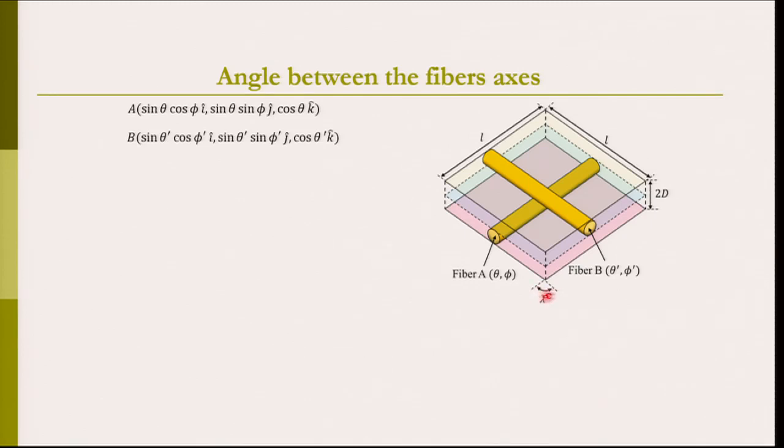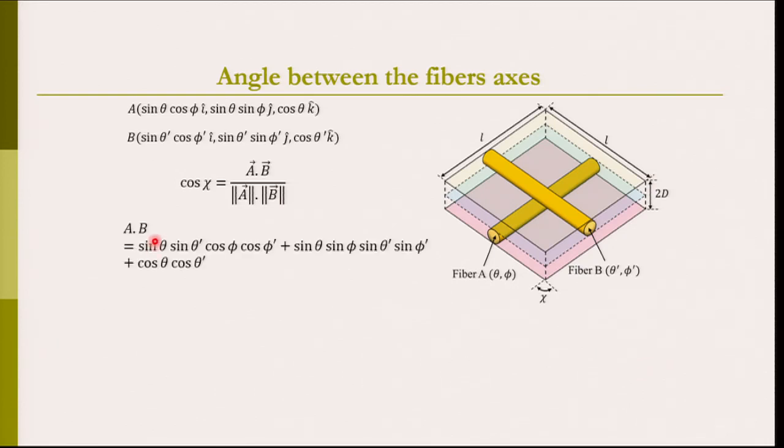If we are supposed to calculate the angle between the axes of these two fibers, we need to make use of simple vector analysis, that is, the direction cosines. The direction cosine cos chi is defined in terms of the dot product A dot B divided by the magnitudes of these two vectors, denoted by double mod.